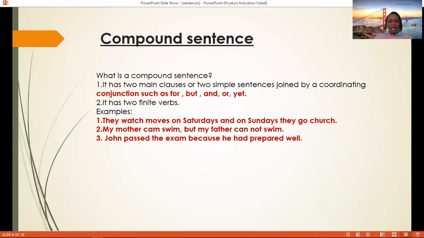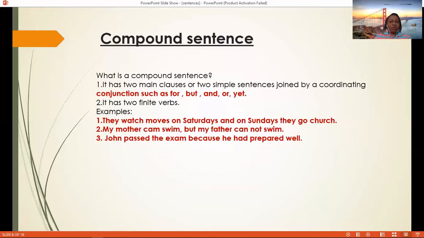Right, when we look at that sentence, we can think of it having two main clauses. The first clause, which is the first part of the sentence, they watch movies on Saturdays. That can be a simple sentence. And then on the other hand, on Sundays, they go to church. That will be another simple sentence.